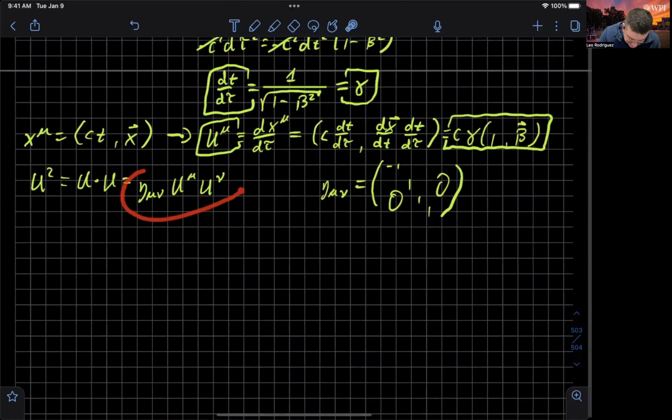And so if I look at this quantity and this quantity, I'm just going to have a minus this term squared plus this term squared, all times this term squared, right? So my 4-velocity looks something like c squared gamma squared times minus 1 plus beta squared.